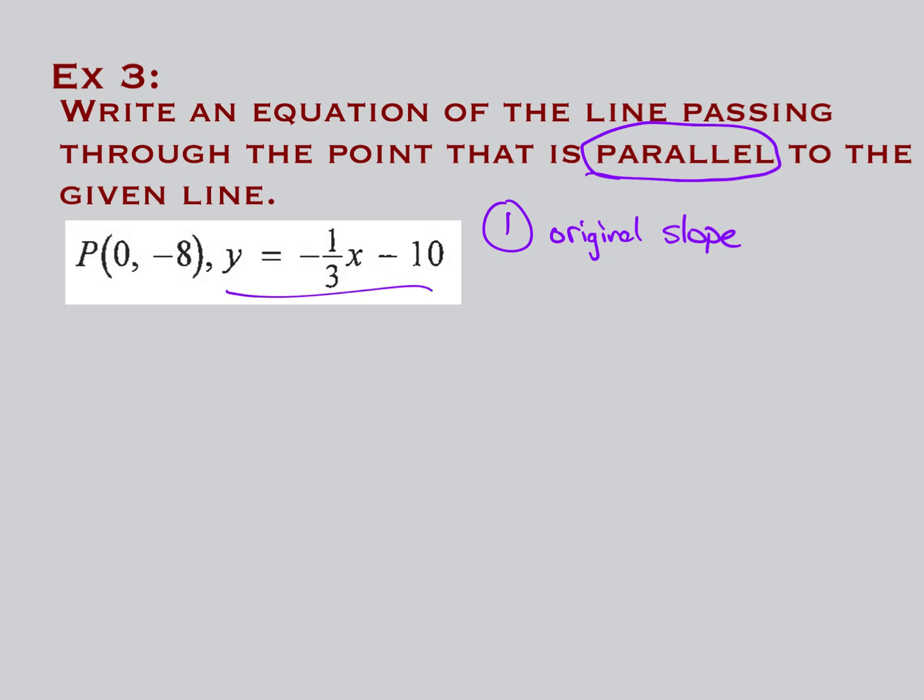Negative 1/3. So it's m equals negative 1/3. All right. So the next thing is, because we want the parallel line, in order to find the parallel line, we've got to find the parallel slope. Alejandro, what's the parallel slope to negative 1/3? Just the same thing, it's negative 1/3.